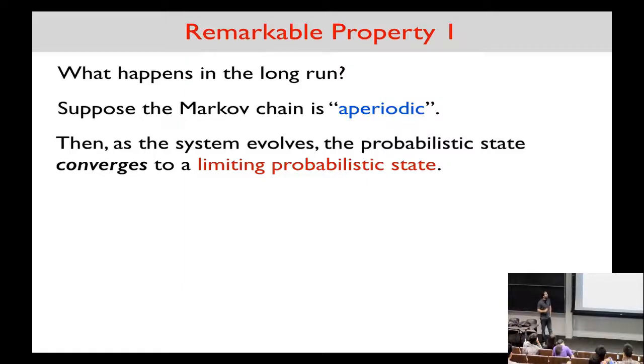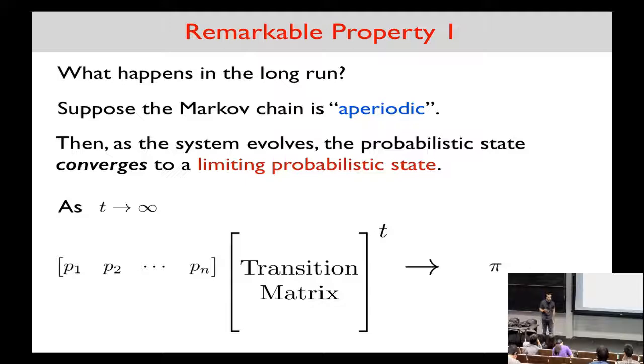Then, as the system evolves, the probabilistic state, it turns out, converges to some actual fixed limiting probabilistic state. In other words, what this means is that as t goes to infinity, this is your initial state, doesn't matter what it is, you take your vector, you multiply it by the transition matrix to the power t.